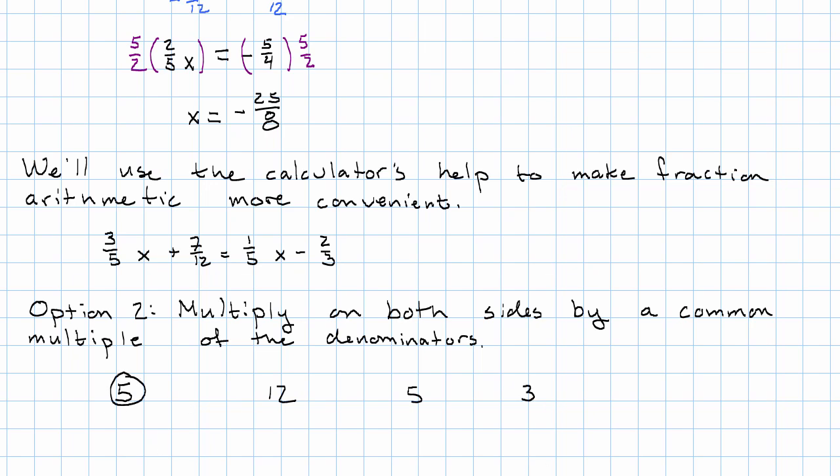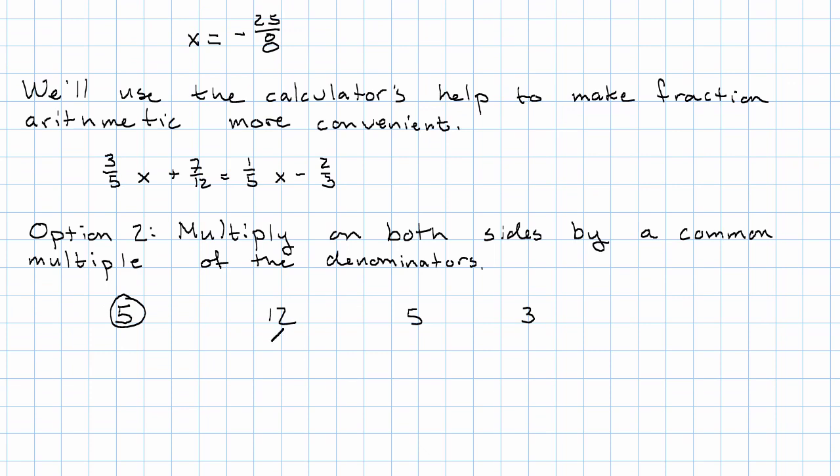5 is prime. 12 factors as 3 times 4, and 4 factors as 2 times 2. 5 is still prime, 3 is prime. So the least common multiple of these denominators is 5 times, for 12 I need a 3 and 2 2's.